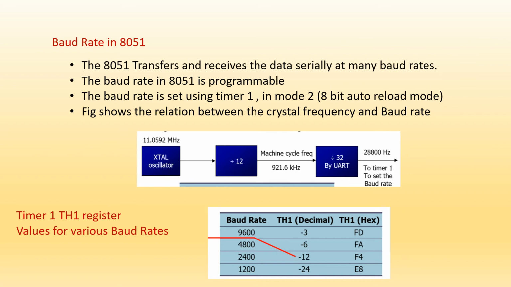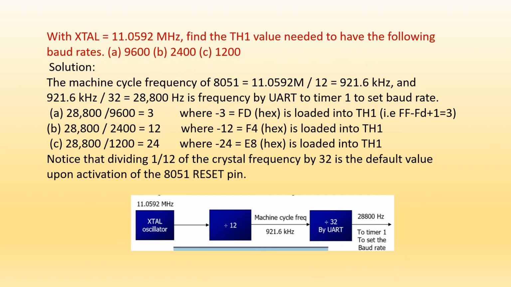Next: with a crystal frequency of 11.0592 megahertz, find the TH1 value to be loaded to get the following baud rates. The frequency 11.0592 megahertz is first divided by 12 to get a frequency of 921.6 kilohertz.